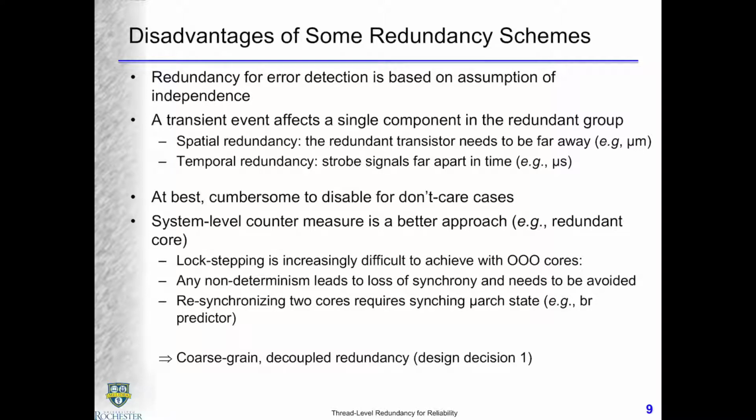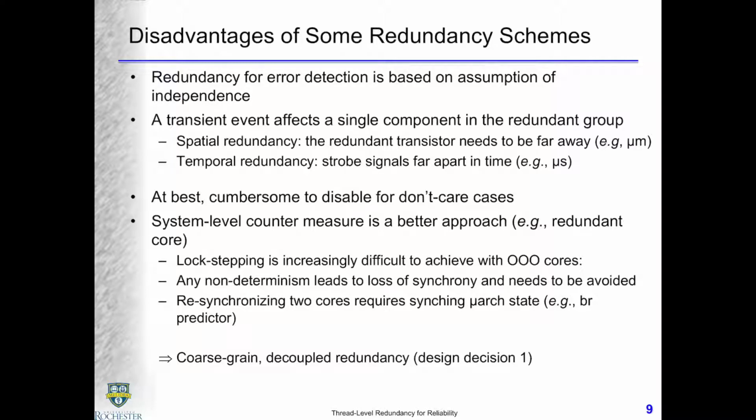But also decoupled in the sense that we don't want the circuit to be tightly integrated on a critical path. We want it to be on the side. So in the common case where you don't worry about reliability of your program, this logic is not turned on, and it doesn't cost you. At least it doesn't cost you much.